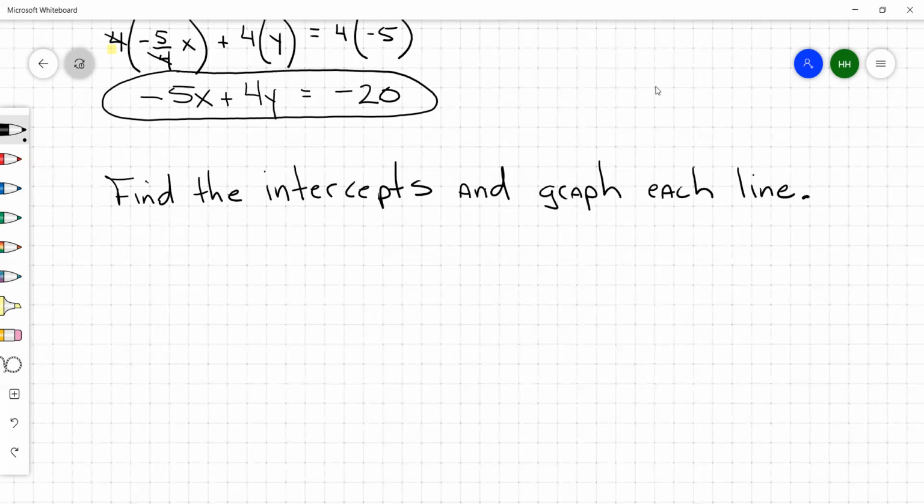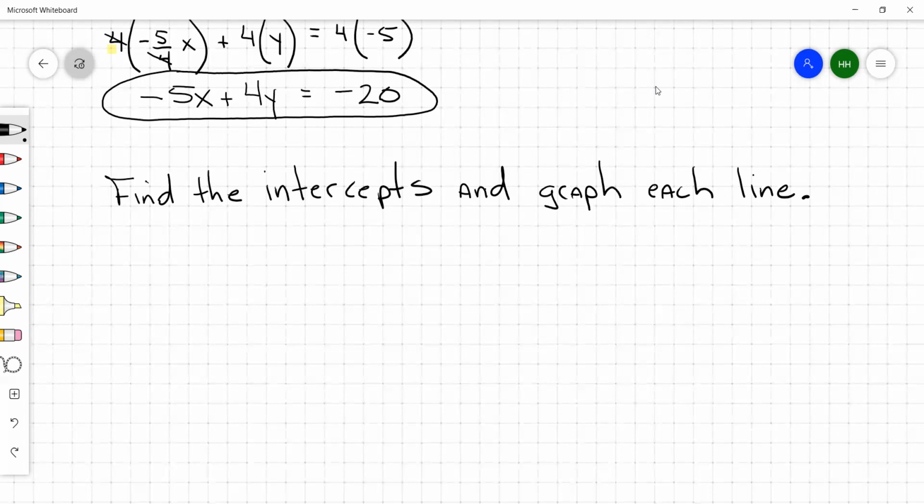One thing about standard form of a line, it makes a line very simple to graph. All right? When a line is in standard form, it makes it very simple to graph. So I'm going to start off with the line that we just did. We're going to find the intercepts and graph the line.